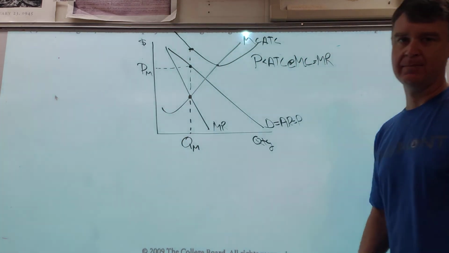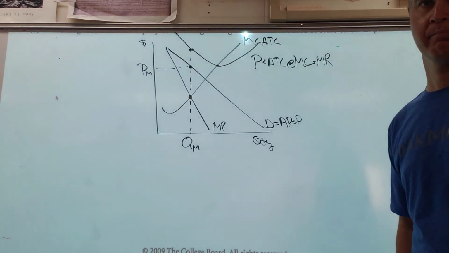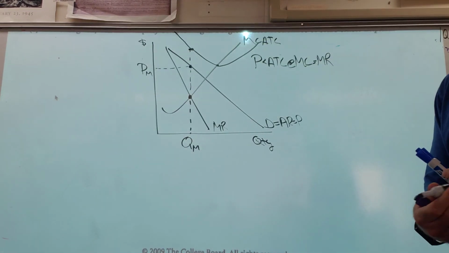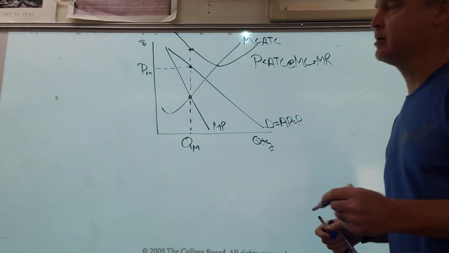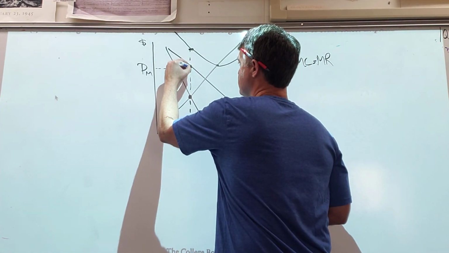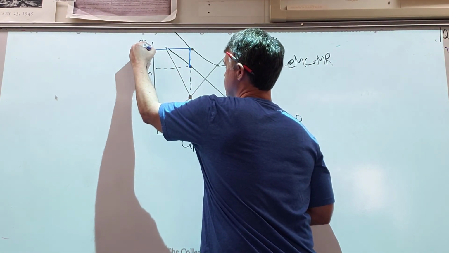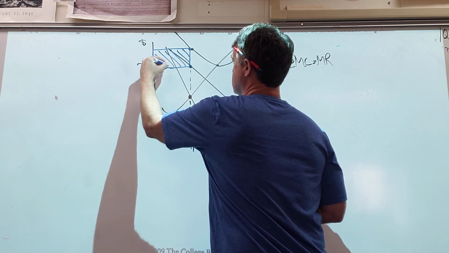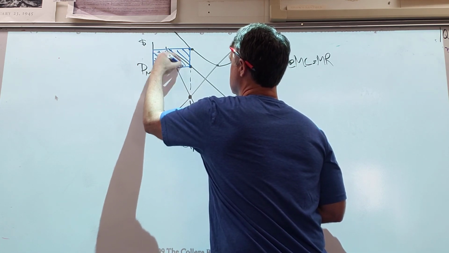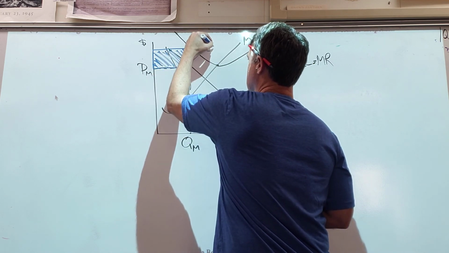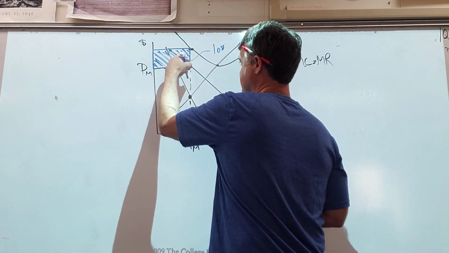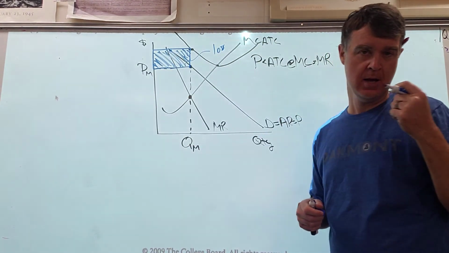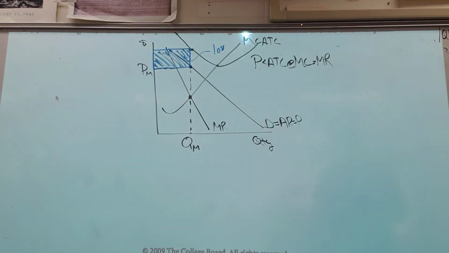And so we can have that be our ATC curve, which means the area of loss is P up to ATC and across. So that's the loss, at the quantity we produce, P minus ATC. In this example, ATC is greater than price. That's how we know we're producing at a loss.